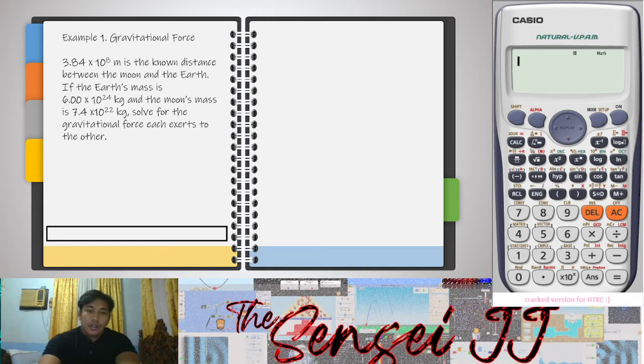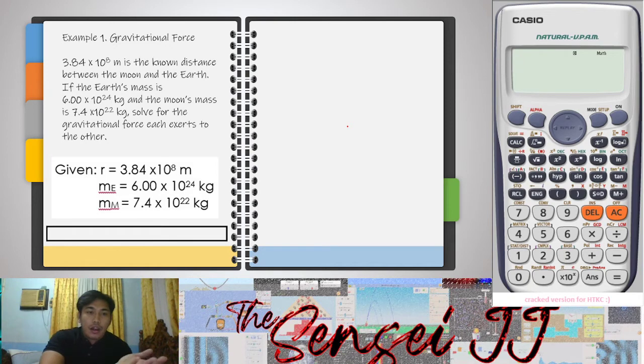Okay, so here goes. We have here, given r, the distance between the two masses, which is 3.84 times 10 raised to 8 meters, the mass of the Earth, which is 6.00 times 10 raised to 24 kilograms, and the mass of the Moon, which is 7.4 times 10 raised to 22 kilograms.